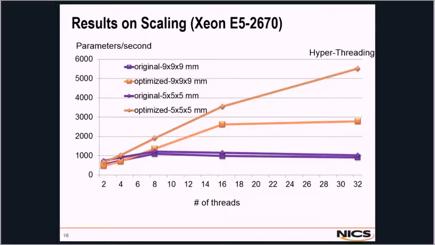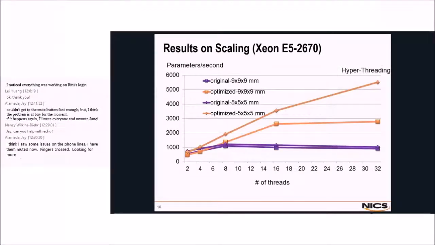Of course, for XSEDE resources, I believe that most of them, with the exception of Darter, have hyperthreading turned off. But this could be a good case for arguing that a certain subset of nodes on our resources should have hyperthreading turned on. Right. And on Darter, you can also use hyperthreading. It's just not the default setting.